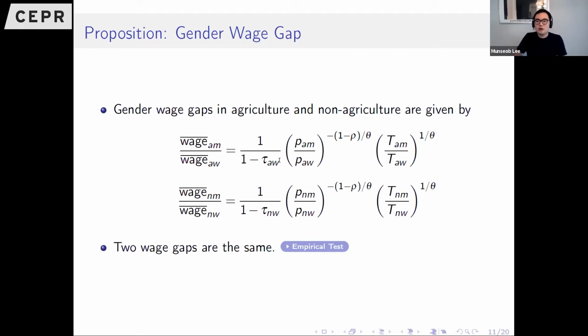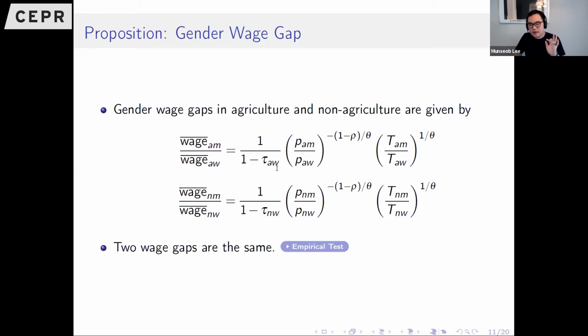Suppose that we know all the distributional parameters, say the location parameter in the Fréchet distribution, the dispersion parameter, the correlation, and suppose that we know the price gap and the quantity gaps, the quantity gap inferred from the occupational choice. Then we can back out the tau, the friction, for all the countries. So that's where I'm going.